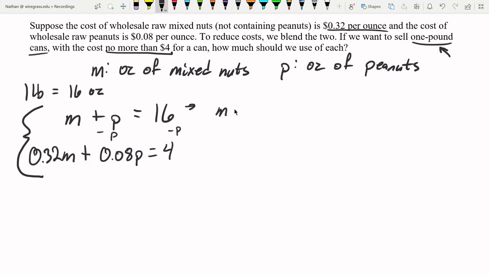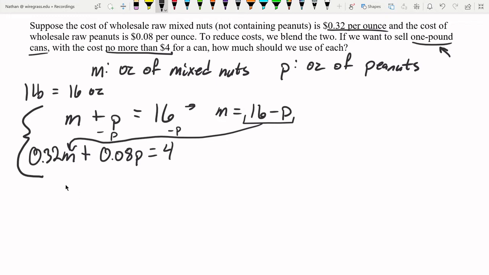And that's going to give me m equals 16 minus p. And the reason why I'm doing this is because if we know what m equals, 16 minus p, then that means this m also equals 16 minus p. So I'm going to do what's called substitution. I'm going to plug this thing in. I'm going to substitute 16 minus p in for m.